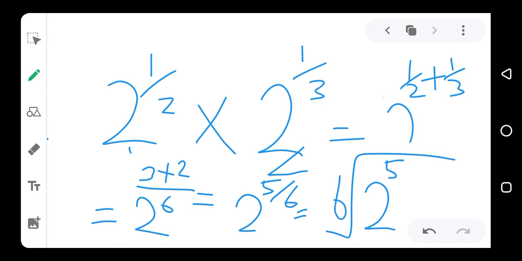So it becomes the 6th root of 2 raised to power 5. We can find the 2 raised to power 5 and see if it has a 6th root, or we leave it this way. So this becomes the answer.